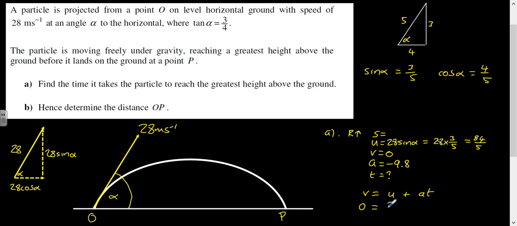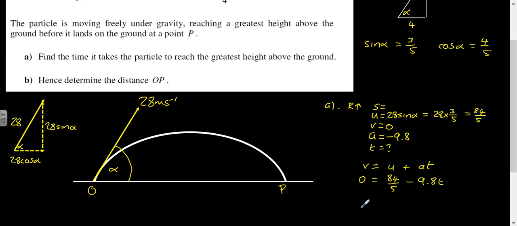So 0 equals 84 over 5 minus, so it's not plus anymore just because it's minus 9.8, so we've got minus 9.8 t. V equals u plus at. So rearranging gives 9.8 t is 84 over 5, and we can evaluate this by dividing, and we get 1.7 seconds to two significant figures.